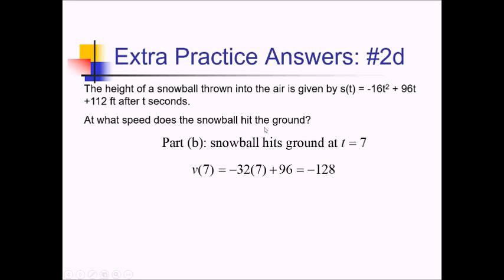And then again, speed is just absolute value of velocity at time 7 in this case. So our speed is going to be 128, and our unit, since it's a rate of change of distance, height of a snowball is given by feet. Okay, so we're going to have feet per second.